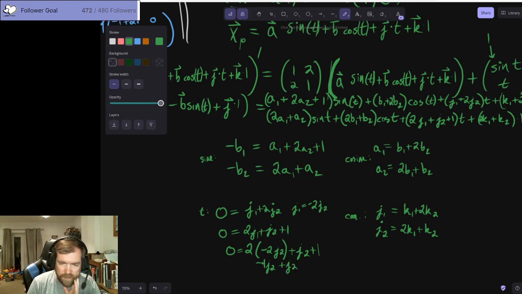It's going to be negative 3. Move it to the other side. So we get a 3 J2 is going to be equal to 1. Therefore, J2 is equal to 1/3. And if J2 is 1/3, then we get J1 is going to be negative 2/3.